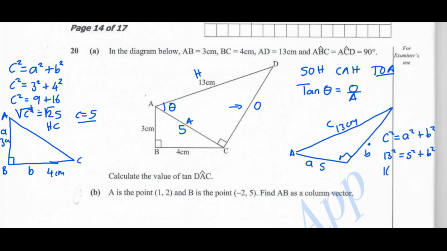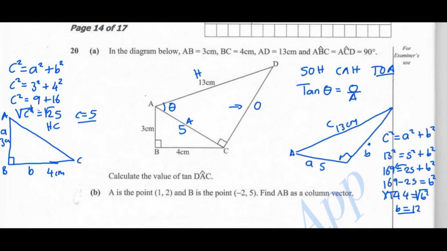13 times 13 is 169, is equal to 25 plus B squared. Then if we shift this guy to here, this will give us 169 minus 25 is equal to B squared. So this will give us 144. We know that now we can take the square root of 144, which is our B is equal to 12.